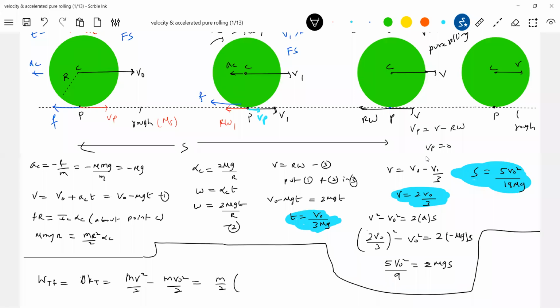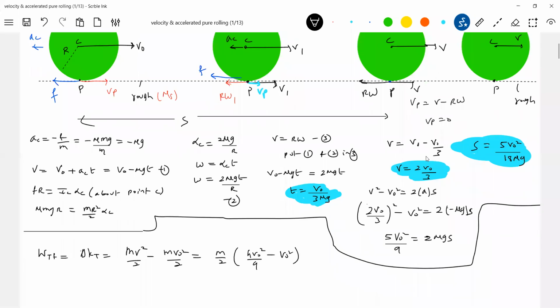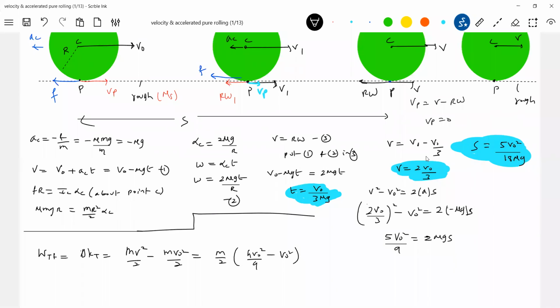So we know the final velocity will be 4 v naught by 9... minus v naught square. Substitute this. So again this will be m v naught square 5 v naught square by 18, negative.